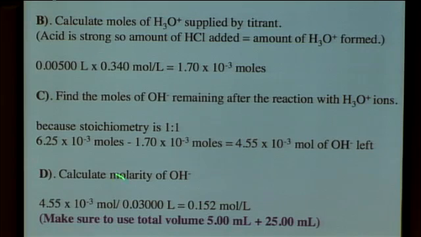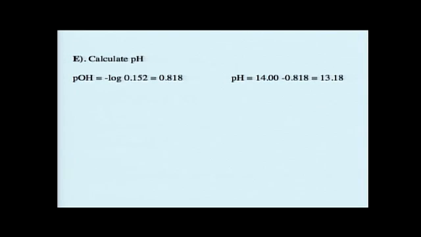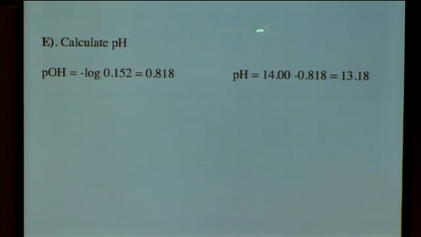So we have the number of moles and the new volume. So we had 25 mils of the base to begin with. We've added 5 mils of the acid, so our new volume is 30. And so we have our new concentration. And now we can calculate pH. First, we'll calculate pOH, and then use 14 minus to get the new pH.